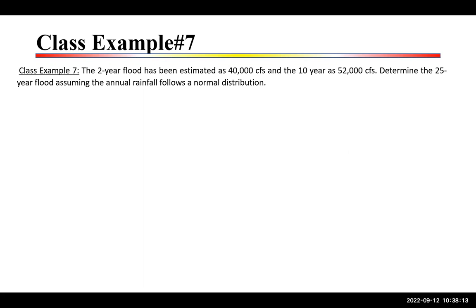So when we say normal distribution, do you remember what should be the shape of that distribution? The bell-shaped curve, right? That's the normal distribution shape. So here they are saying we have 2 years data and the 10 years data. Basically, we have only 2 sets of data, and they are asking you to find the 25-year flood, assuming the annual rainfall follows a normal distribution.